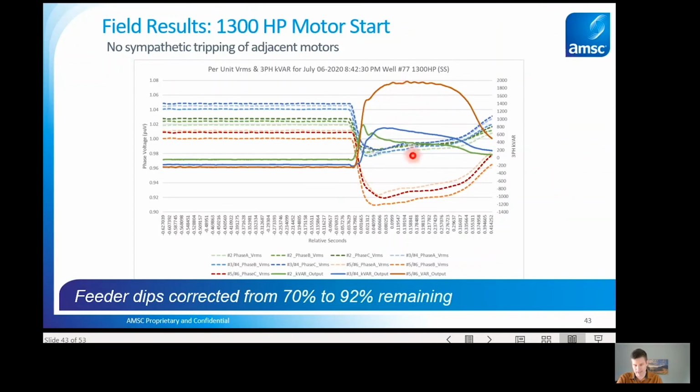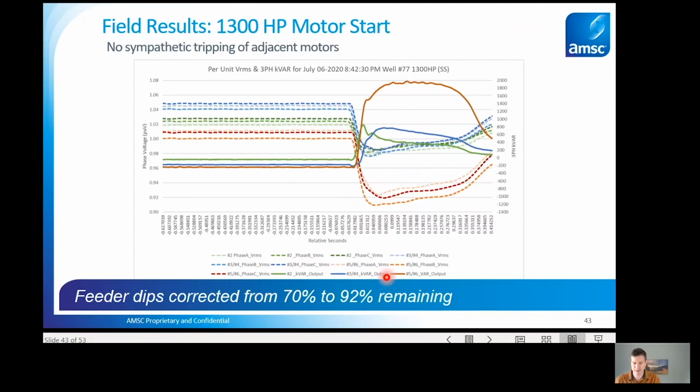And then the StatComs that are further away are not having to contribute as much to compensate that. And so we took the 70% problem and mitigated that dip substantially down to a 92% remaining problem. This was deemed to be acceptable by the customer.